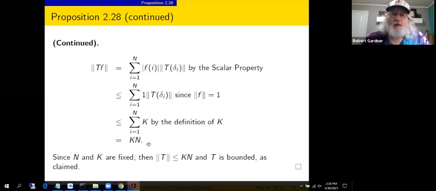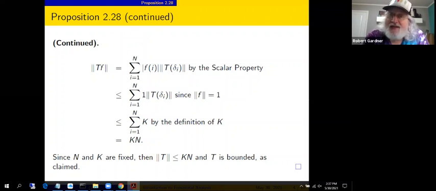That's K times N. K being determined by the maximum thing that we just saw, and N being determined by set capital F. So for an arbitrary unit vector, the norm of T of F is less than or equal to K times capital N. These are both fixed, K and N. So if we take a supremum over all unit vectors from B of F with this, that will in turn be less than or equal to KN, and that supremum will be the norm of operator T. So we get the norm of operator T is less than or equal to KN, and the claim was that such an operator is bounded.